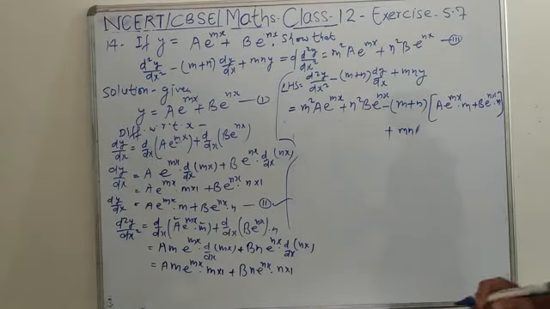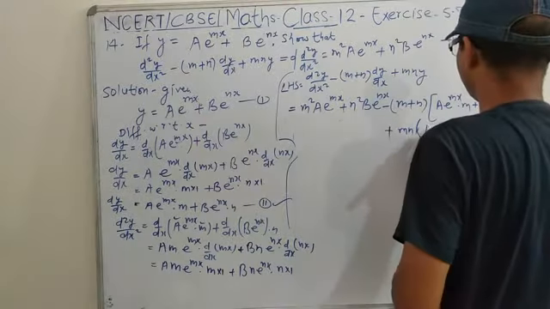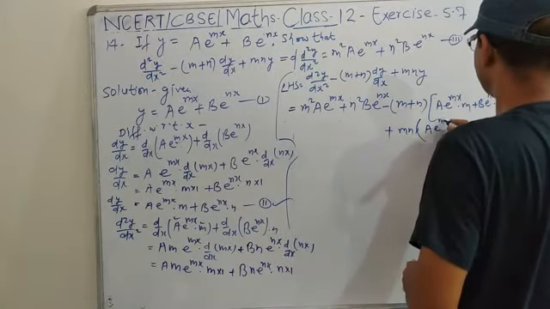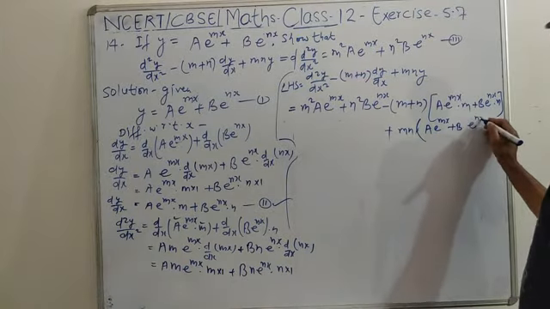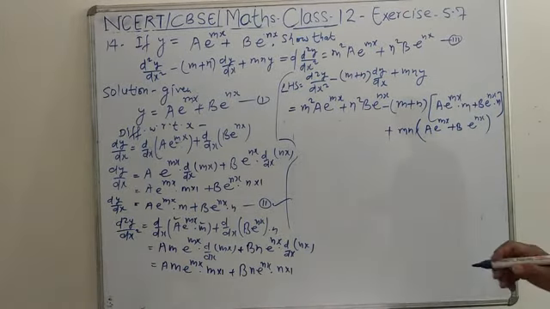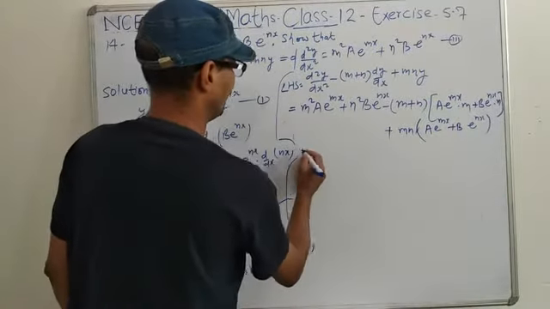What is y? It is equation number 1: y is a e power mx plus b e power nx. After solving this, we should find this 0. So it will be proved.